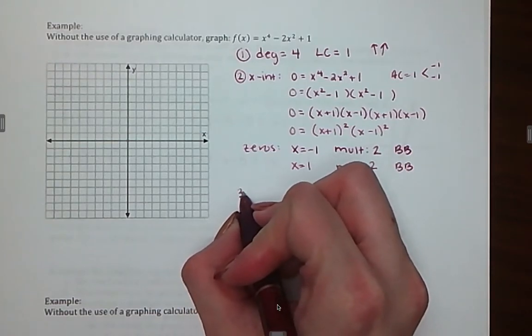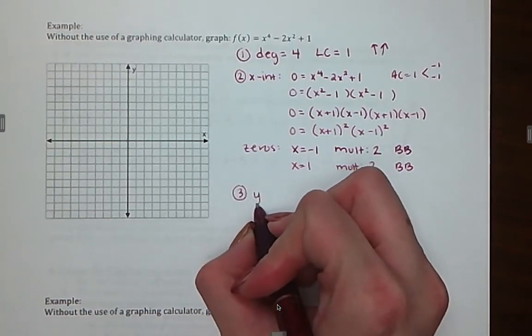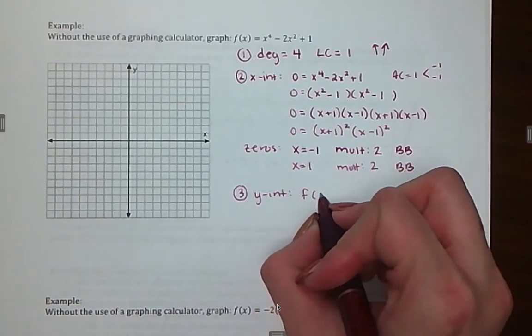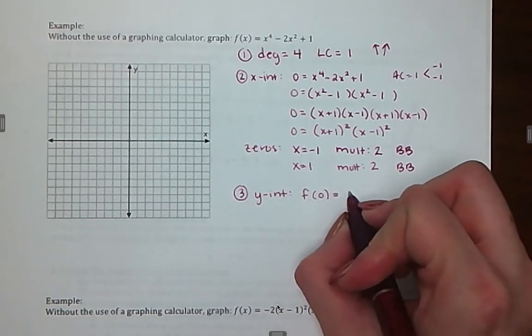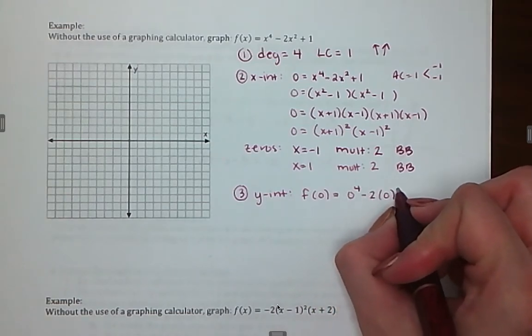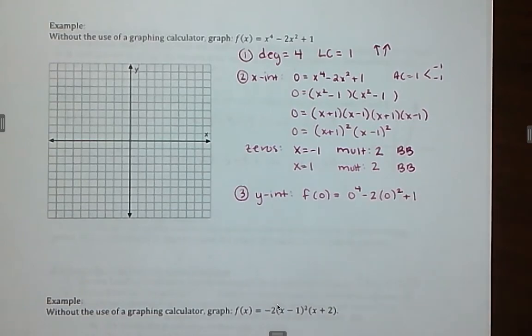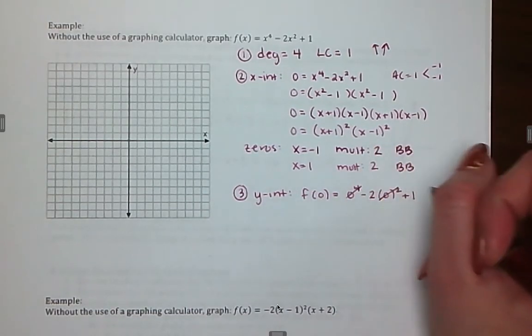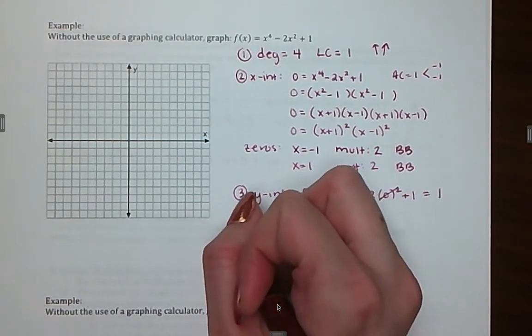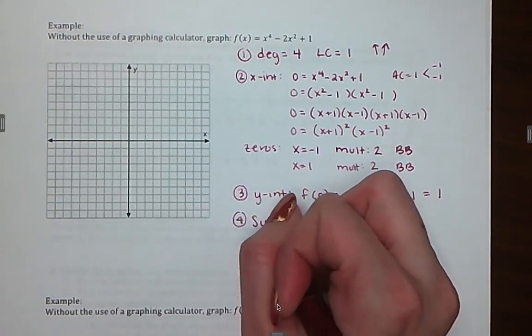Third thing we want to find is our y-intercept. So find f of 0. So we have 0 to the fourth minus 2 times 0 squared plus 1, which leaves us what? 1. And then symmetry.